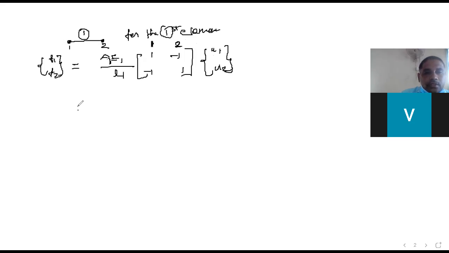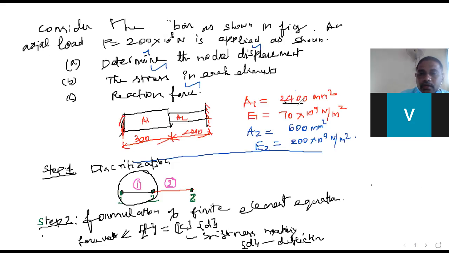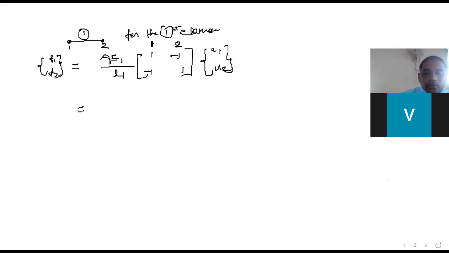And if you substitute the value for A1, what is the value of A1 here? The value of A1 is equal to 2400 mm square and E1 is equal to 70 into 10 power 9 Newton per meter square. If you convert it into Newton per mm square, we have 70 into 10 power 3 Newton per mm square.